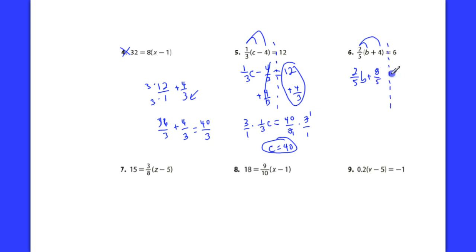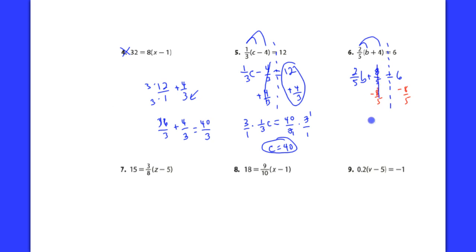So I have 2/5 b plus 8/5 is equal to 6. Now we have plus 8/5, so we're going to subtract 8/5, and that would cancel out right there.